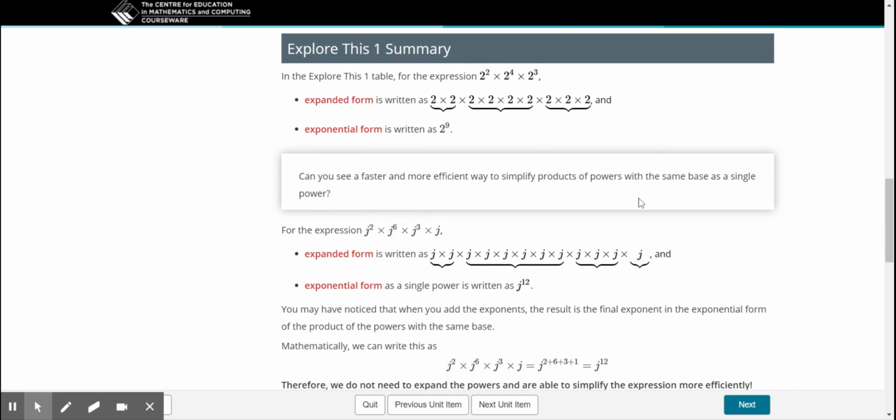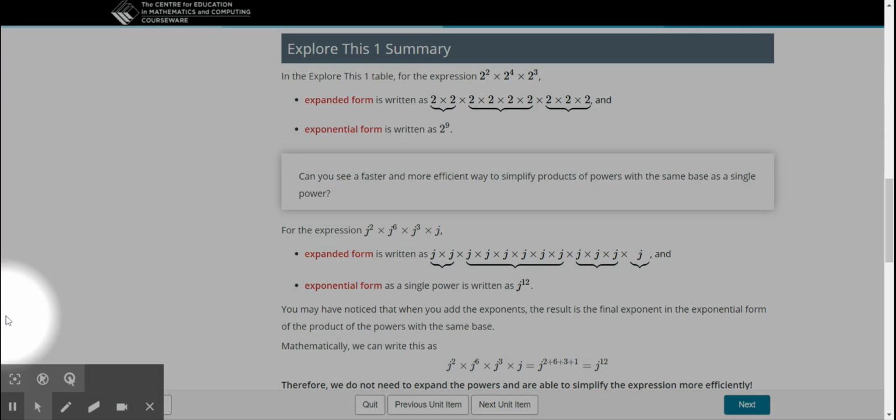Okay, so I hope the discussion was useful, and we just did a quick review of the matching of exponential and extended form. Now let's take a look at the key idea here, which derives from what we just did. Let's explore this example: a multiplication of 2 squared times 2 to the exponent 4 times 2 cubed.